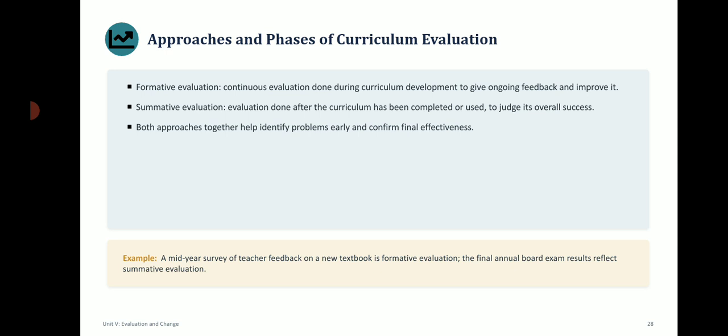Okay. First, content. We already know that. The first step involves selection of content and learning activities. That is why curriculum content is placed first in the curriculum evaluation dimensions. Okay. Then we have organization. Then we have transaction. This is how it goes.